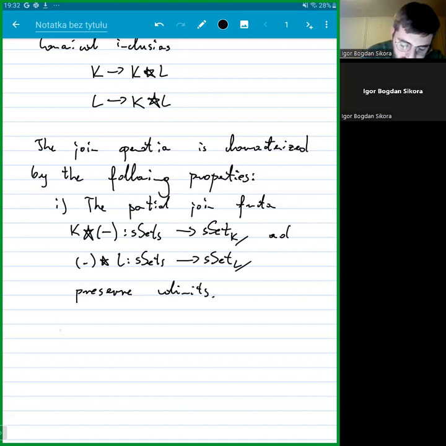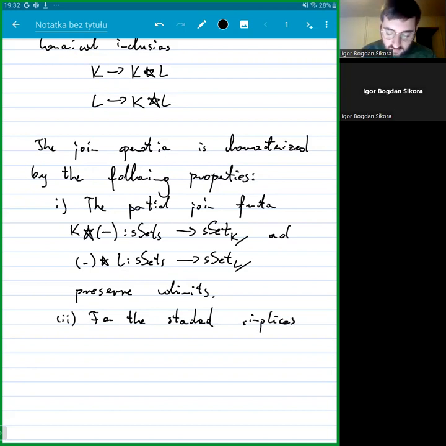And the second property is that for the standard simplices, we find that the join of the ith standard simplex and the jth standard simplex is isomorphic to the (i plus j plus 1) standard simplex.